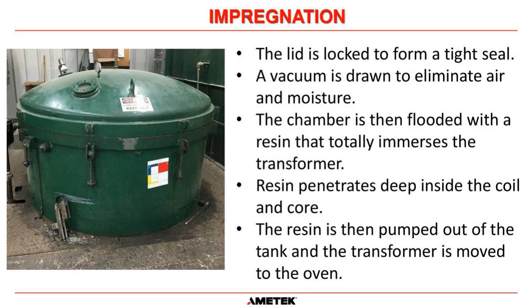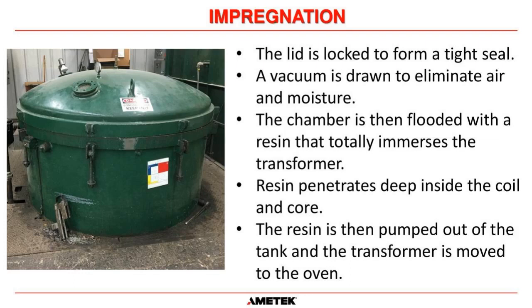But we lock the lid down and pull a vacuum inside the tank, and that eliminates air and any moisture. Then the chamber is flooded with the resin and totally immerses the transformer. The transformer will sit then in the resin while it penetrates deep inside the coil and the core.